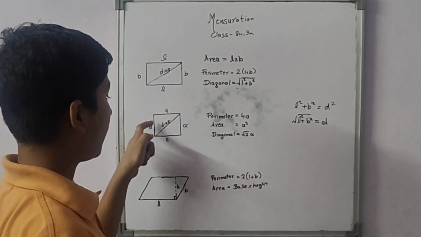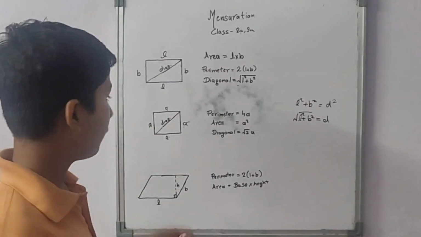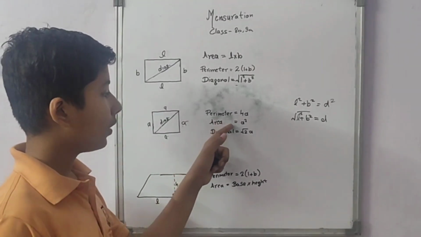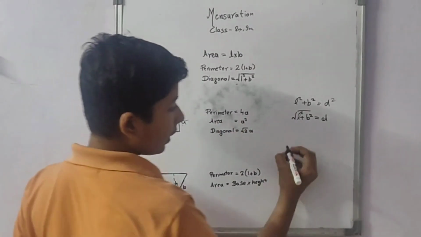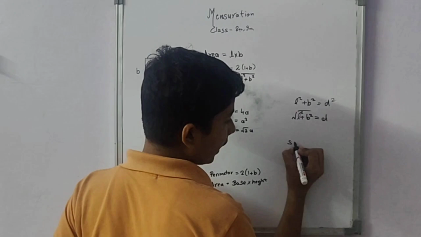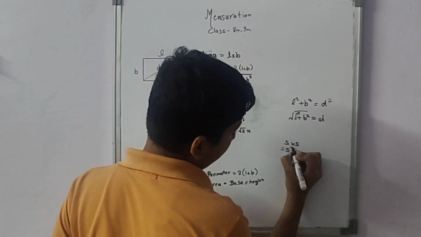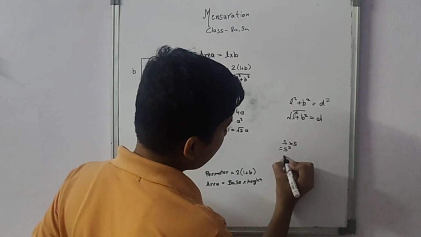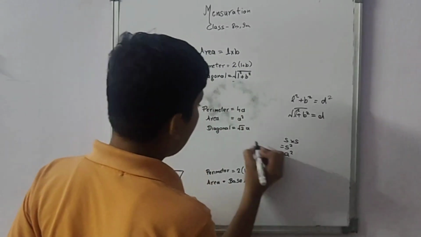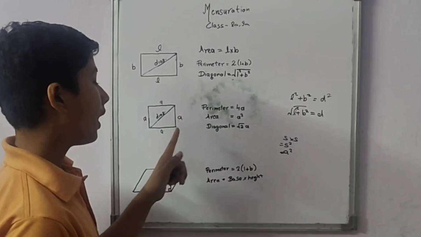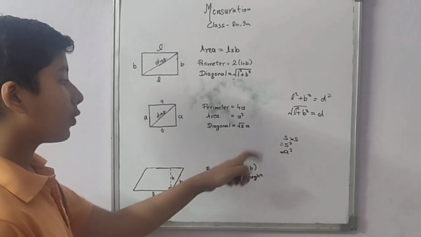A plus A plus A plus A. 4A will be its perimeter. 4 into side. What will be area? Area will be side into side equal to side square. And what is side? Side is A, so A square will be our area. And what is diagonal? Diagonal over here will be root 2 into side.